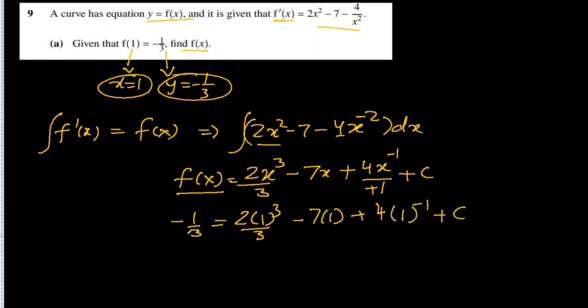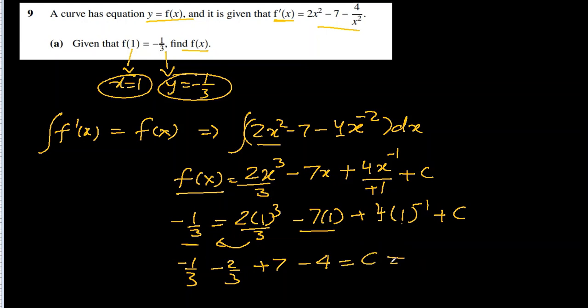Right. So minus 1/3 is here, so leave it here, and this becomes 2/3. This will also go to the left side and become minus 2/3. This minus 7 goes to the left, becomes plus 7. And 1 to the power anything is 1, so 4 times 1 is 4, and when it goes to the left becomes negative 4, and that is C.